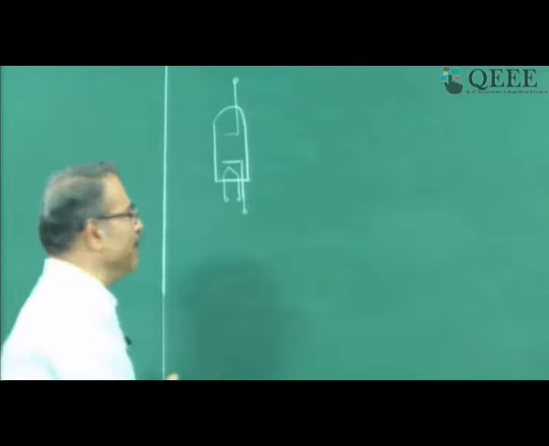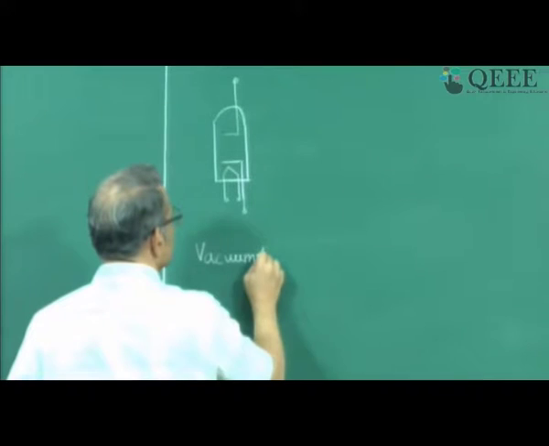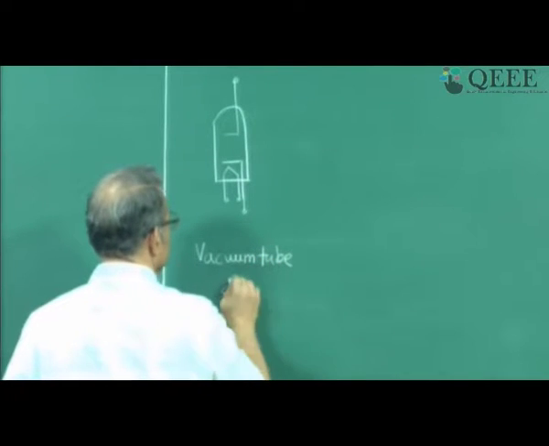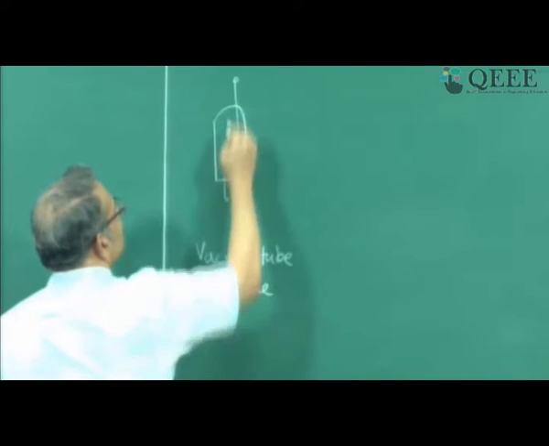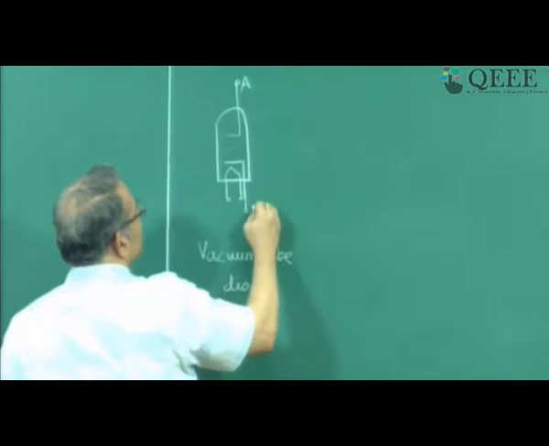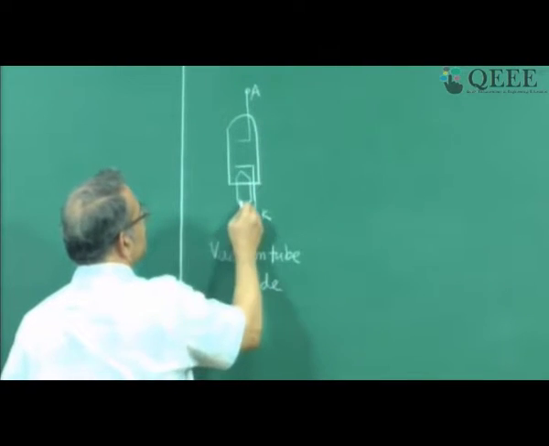So here is an example of a vacuum tube diode. It has two terminals. This is the anode and this is the cathode. This is a heating element which heats this plate so that it can emit electrons.